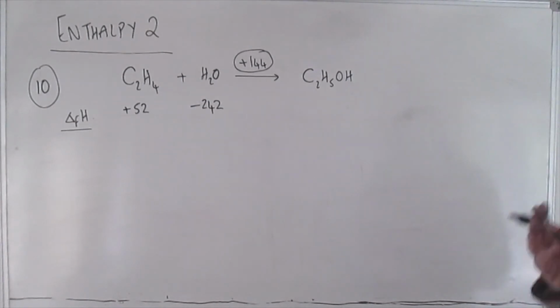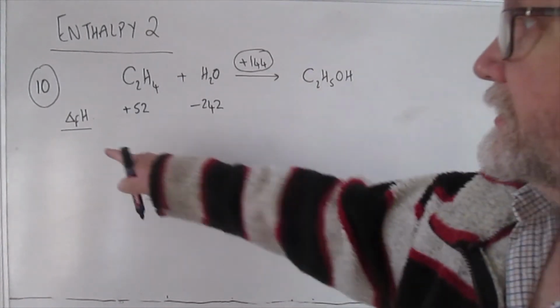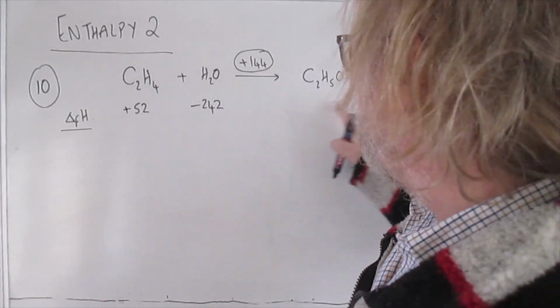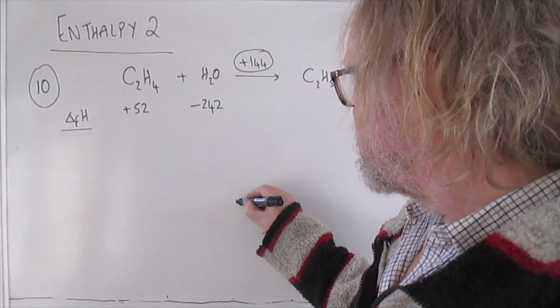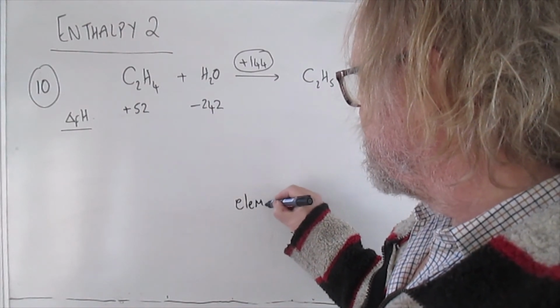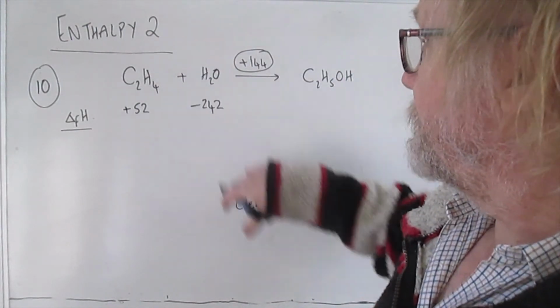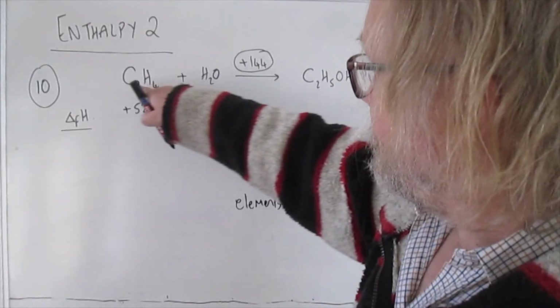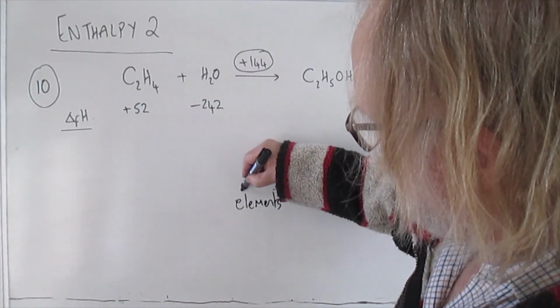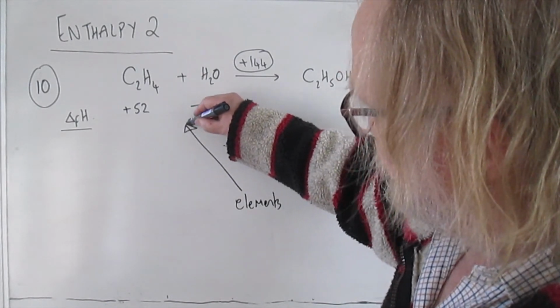So again, start by constructing the cycle. Recognise that these data that you're playing with are formation data, so that means that the cycle will have elements forming the link between the two sides. And formation of the things on the left from the elements means you have an arrow going that way.